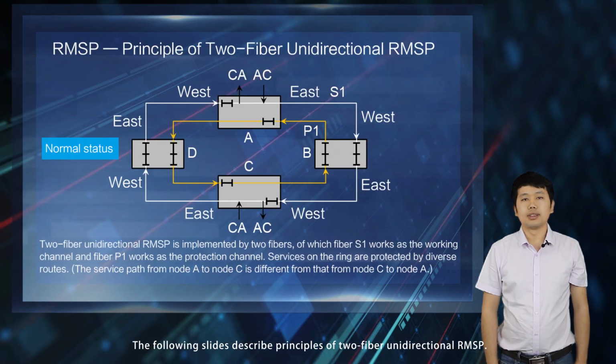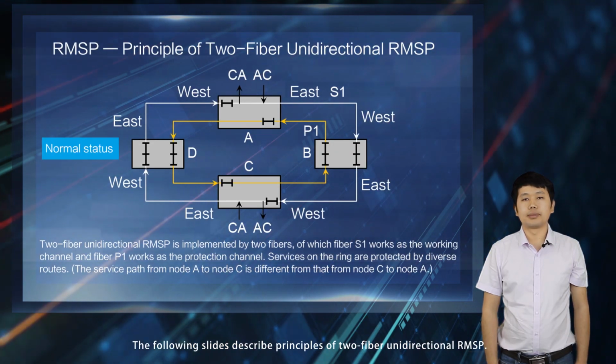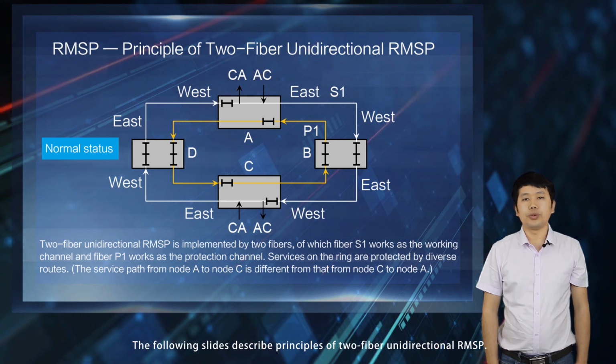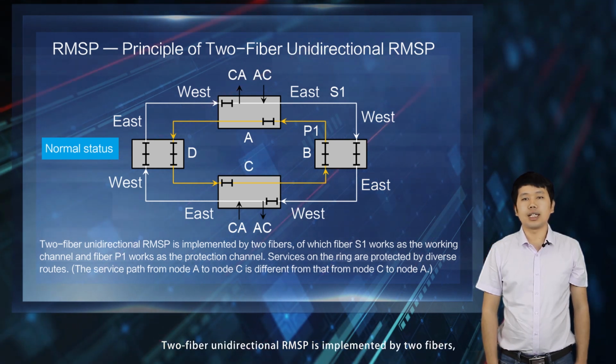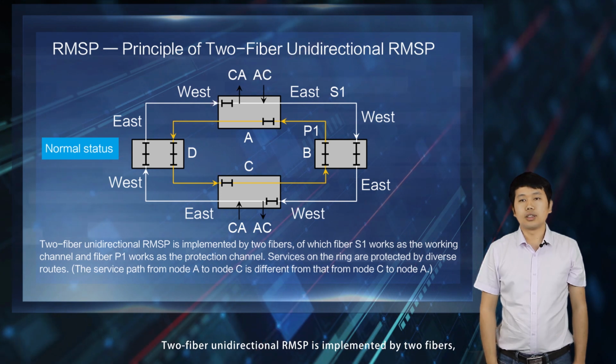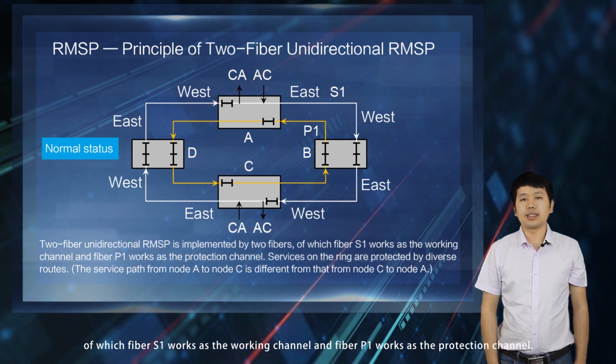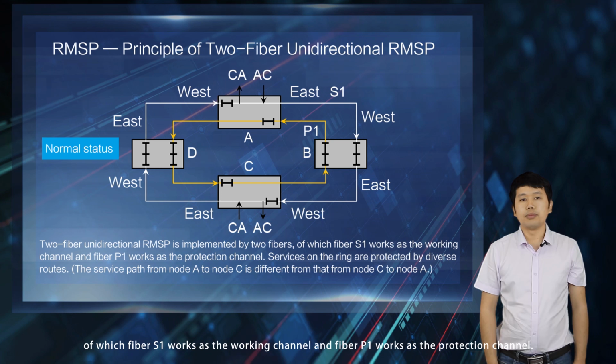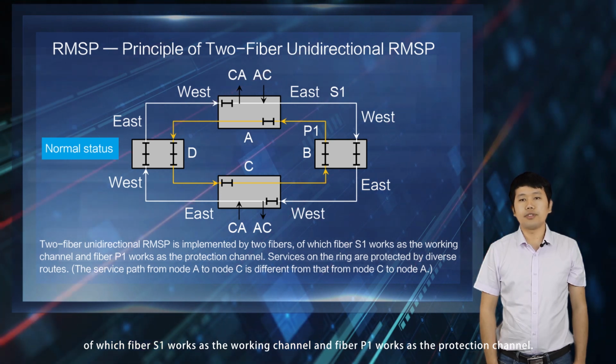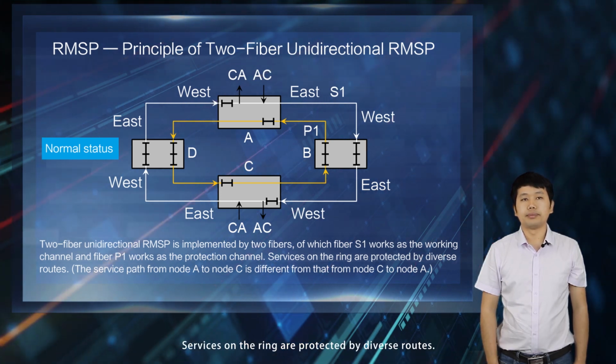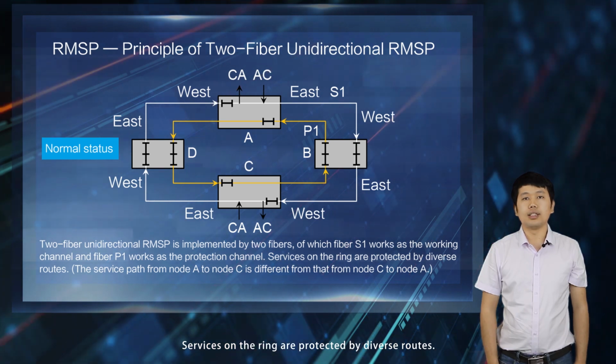The following slides describe principles of two-fiber unidirectional RMSP. Two-fiber unidirectional RMSP is implemented by two fibers, of which fiber S1 works as the working channel and fiber P1 works as the protection channel. Services on the ring are protected by diverse routes.